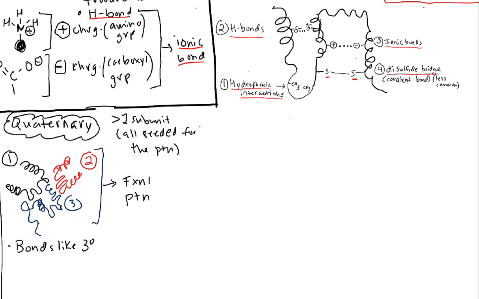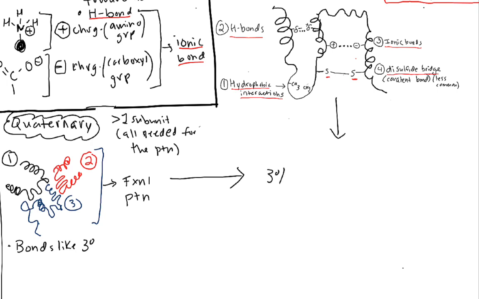All right, now we have proteins, whether it's a single subunit that acts all by itself, so it is a protein already, or whether it's multiple subunits that come together to make a functional protein. It's doing its job, and it has to have a specific shape. So what happens when it loses that shape? It can lose it from the tertiary structure or the quaternary structure. I'm just drawing this in the bottom corner.